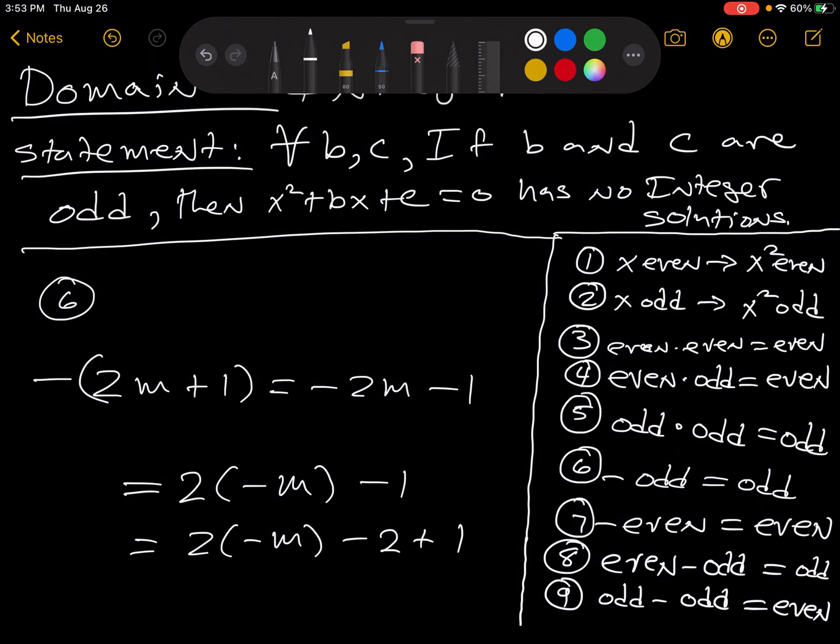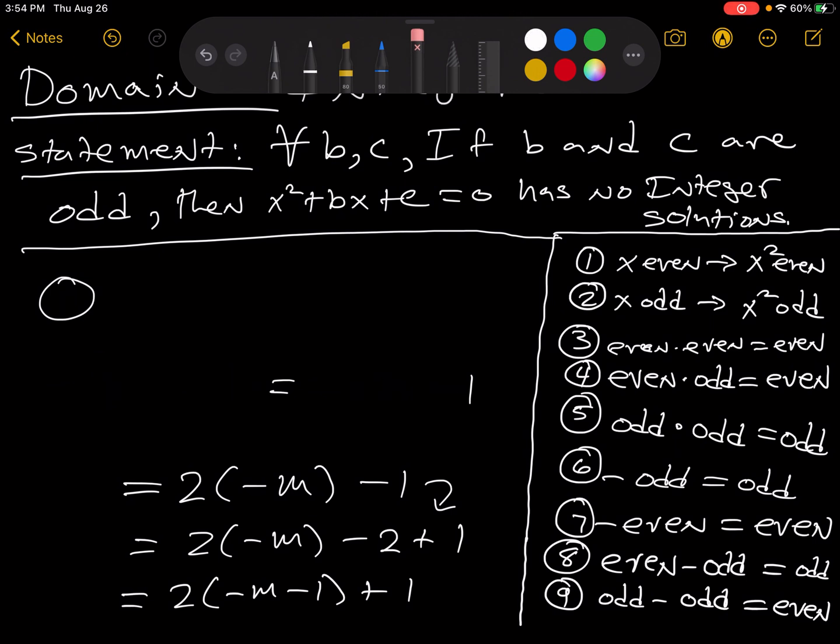Minus 2 plus 1. Okay, so negative 1 is the same as negative 2 plus 1, right? So that's what I did there. And now this is 2 times (negative m minus 1) plus 1. If m is an integer, then negative m minus 1 is an integer. And this shows that the negative of an odd is still odd.